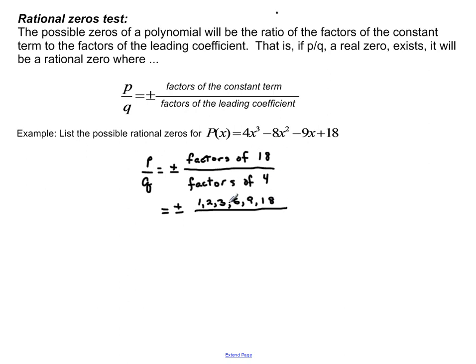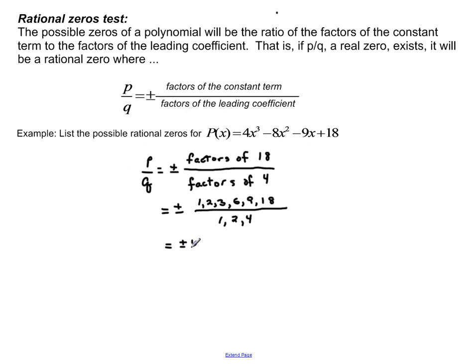The factors of our leading coefficient, 4, include 1, 2, and 4. So we start writing up a list of possible places where we should be looking for zeros of our polynomial function.